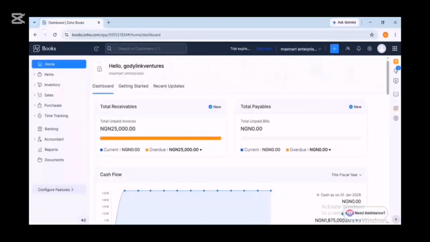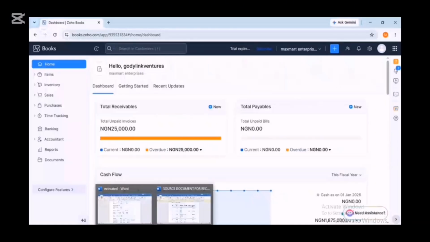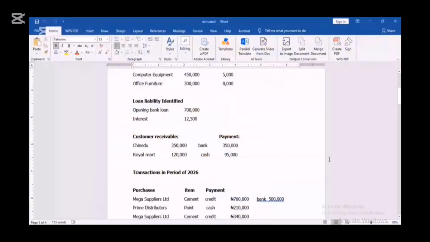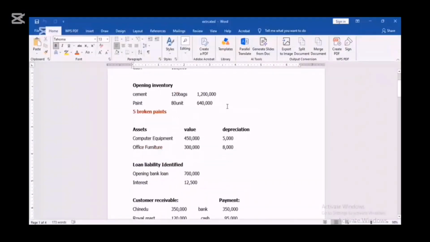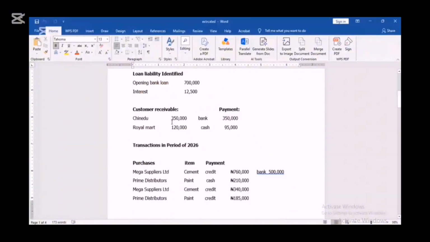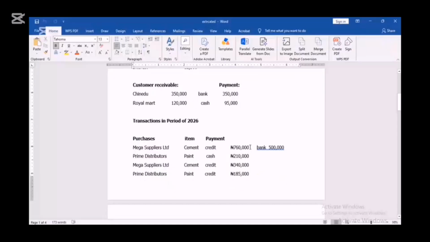So the progress is on. This is where we are. We are done with opening balances for bank and cash, done with the opening inventory, the assets, loan liability. Then we are done with customer receivables and their payments. So now we face this period's transactions, right?